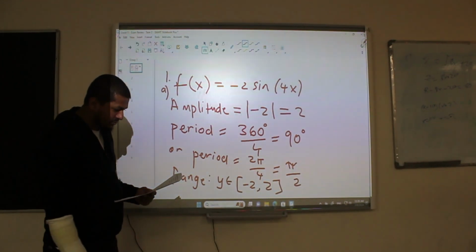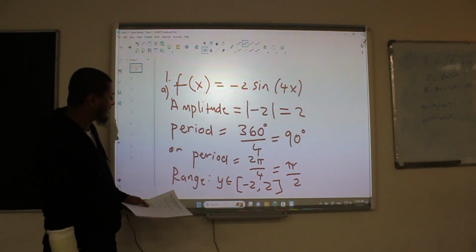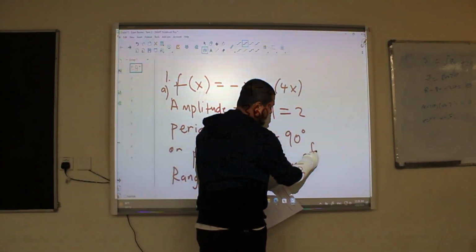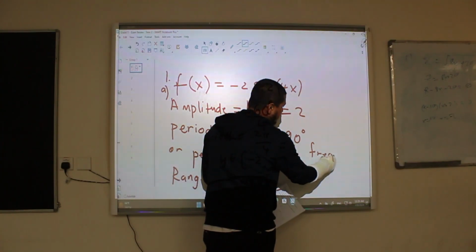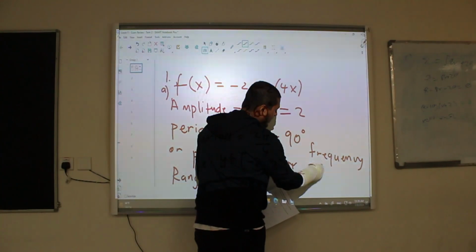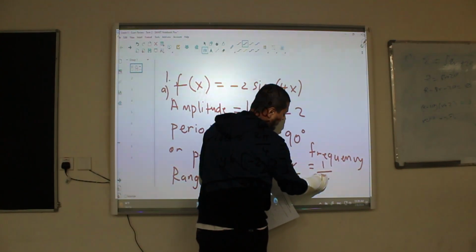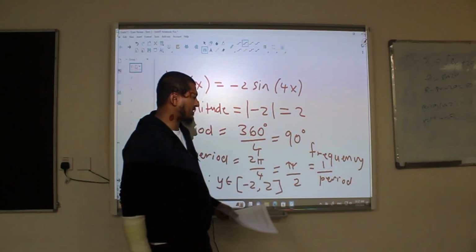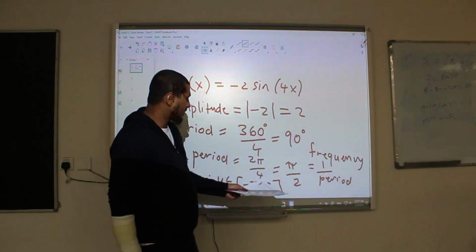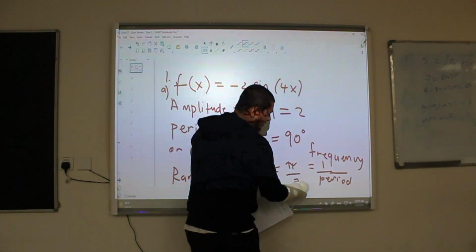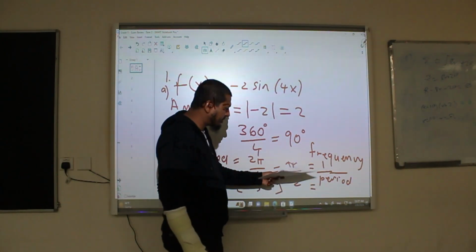Also on the same question we have frequency. What is the frequency? Frequency is basically 1 over the period. So frequency is equal to 1 over the period. Make sure frequency is always in radian measure. So 1 over the period gives us 1 divided by pi over 2.